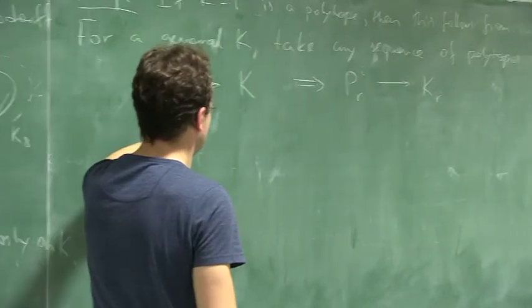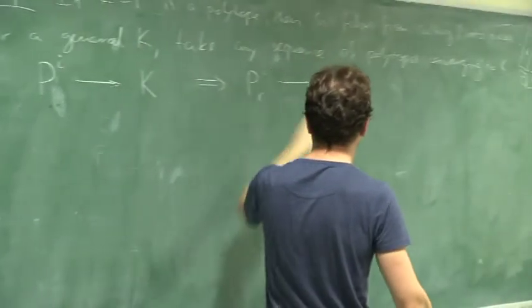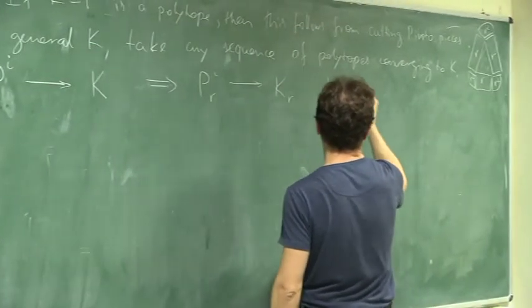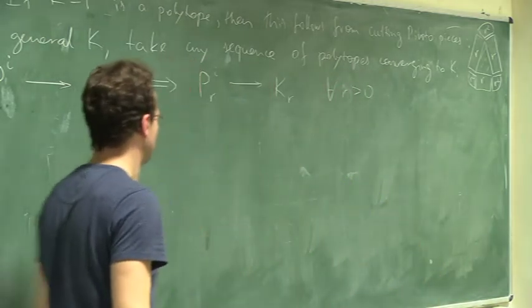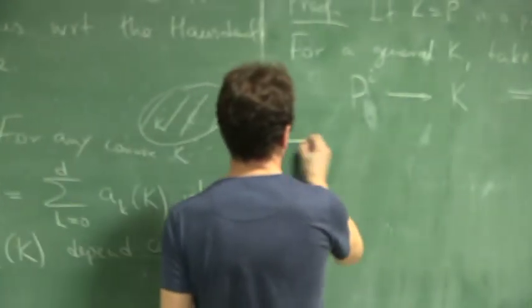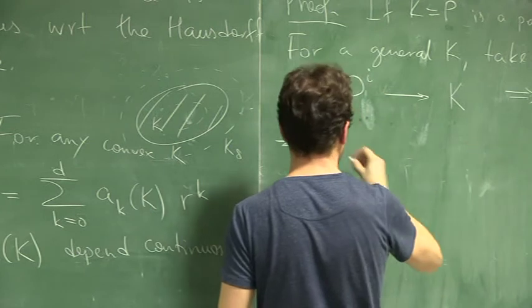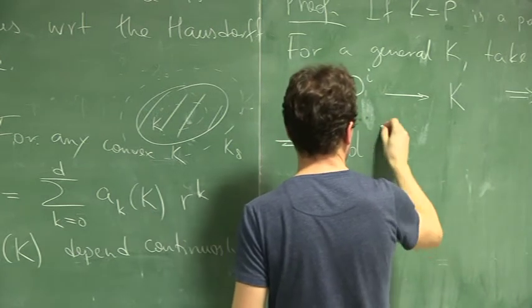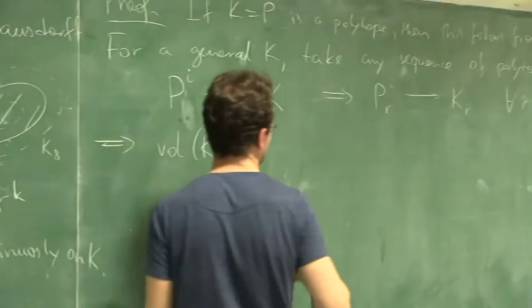So if this sequence of polytopes converges to the body, then for every R bigger than 0, the R neighborhoods converge to the R neighborhoods. Now, because of the continuity of the volume, this implies that the volume of K_R is equal to the limit of the volumes of P^i_R.